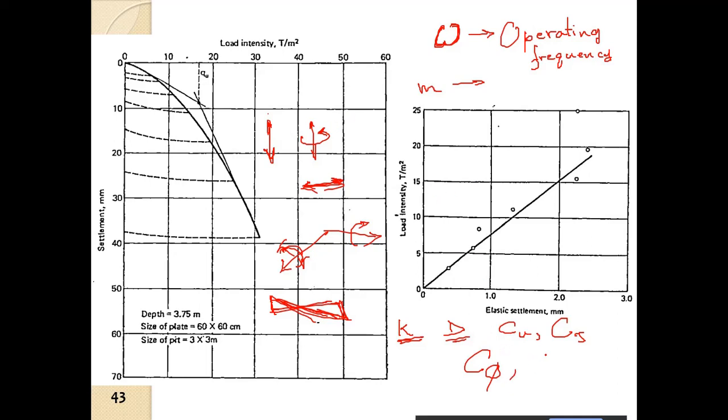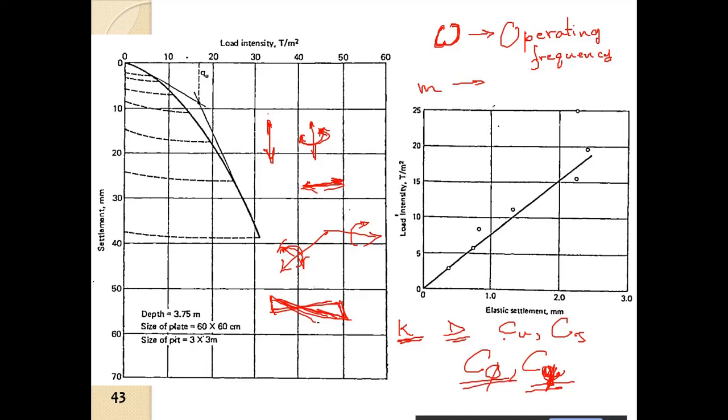Okay, so C psi is basically the coefficient for non-uniform shear, when there is rotation about the Z axis.